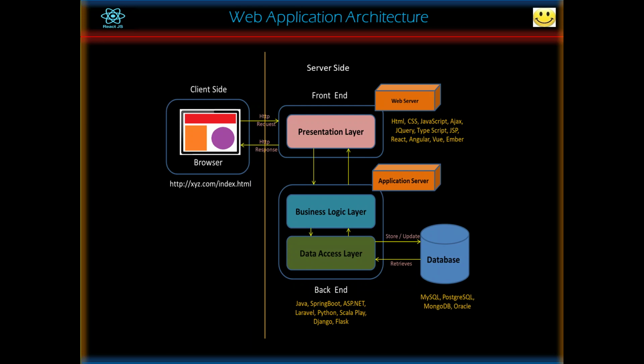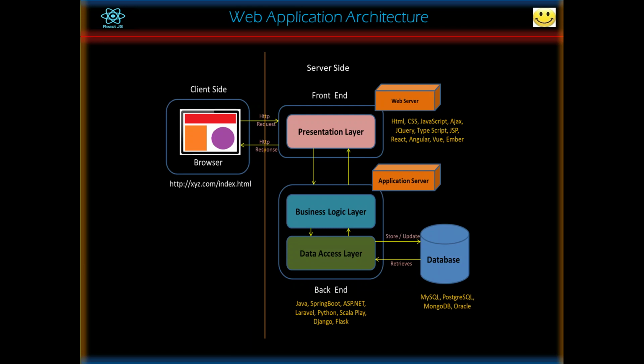This backend is deployed on an application server. It is able to interact with the database through the data access layer. The database could be MySQL, PostgreSQL, MongoDB, Oracle, or any other database.